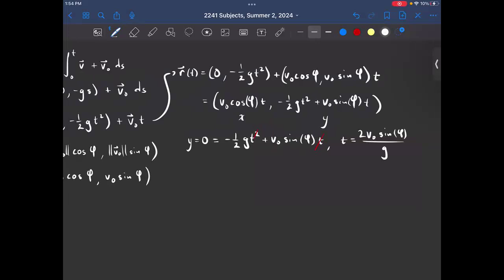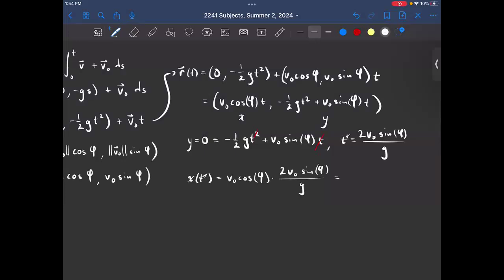And so we take this and we plug it right into x. So x of, let's call this t star maybe. X of t star equals v0 cosine of phi times the t star value, which is 2v0 sine of phi over g.